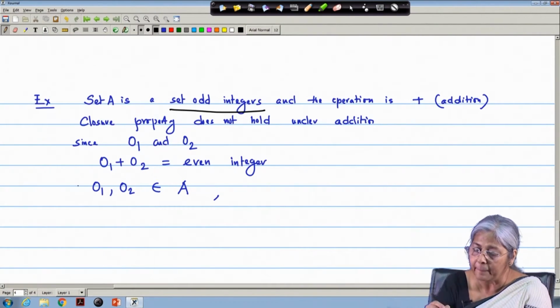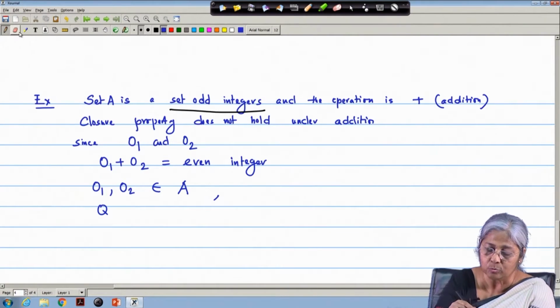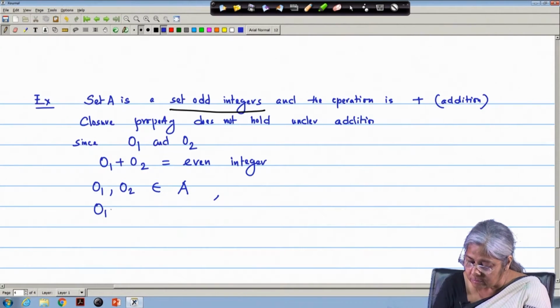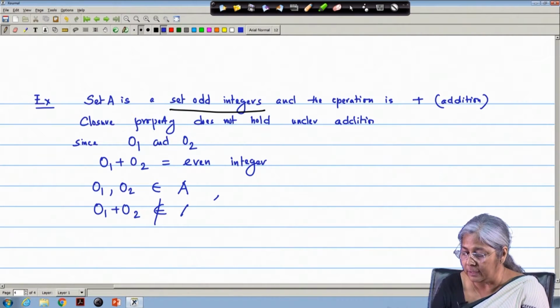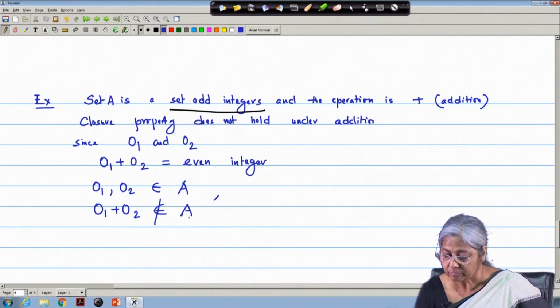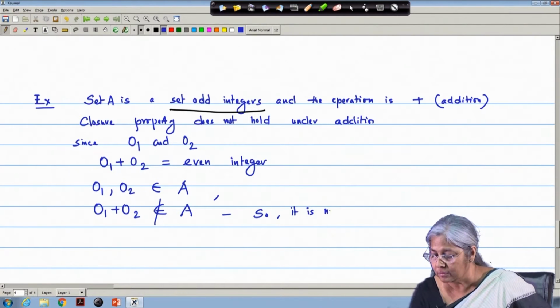Then O1 plus O2 does not belong to A, since it is even. So, it is not closed.